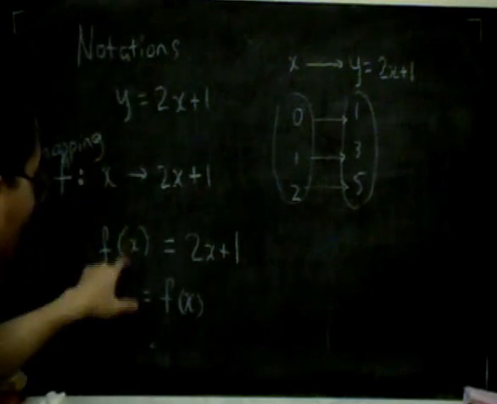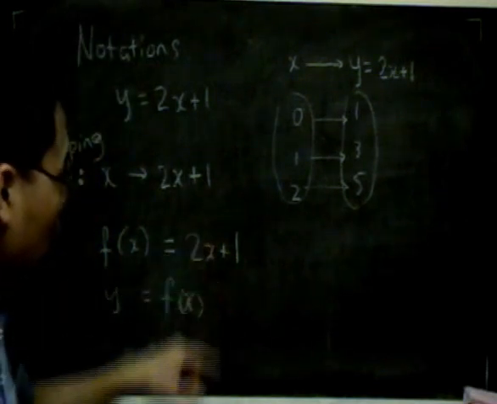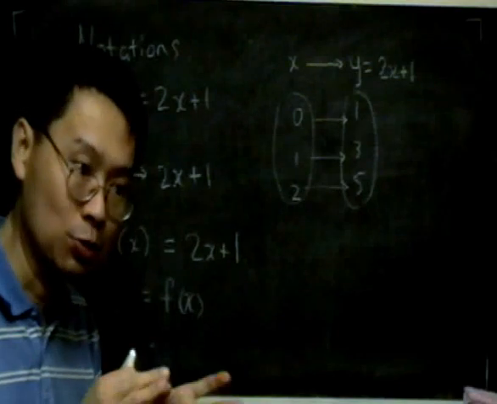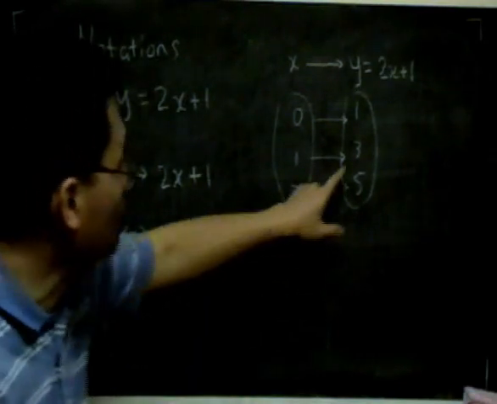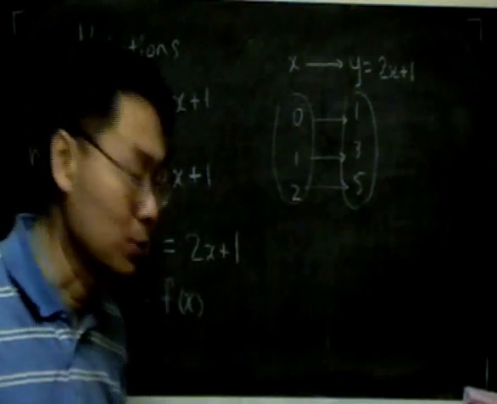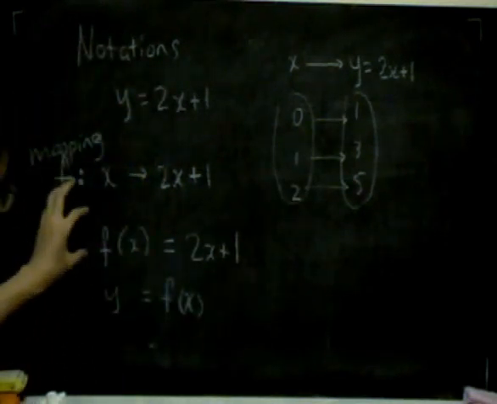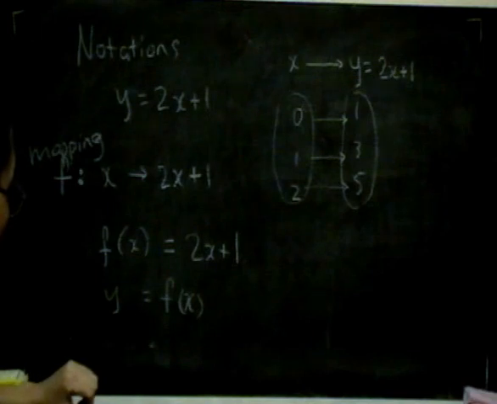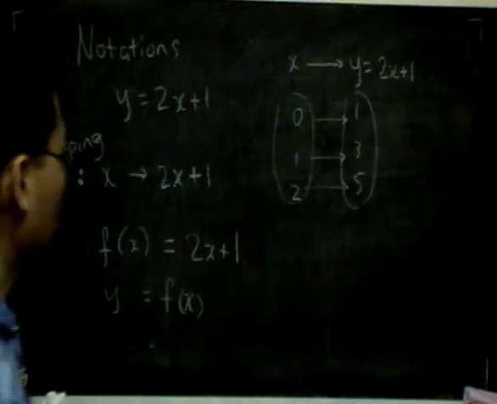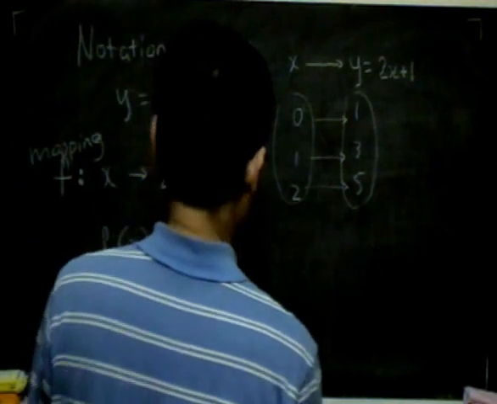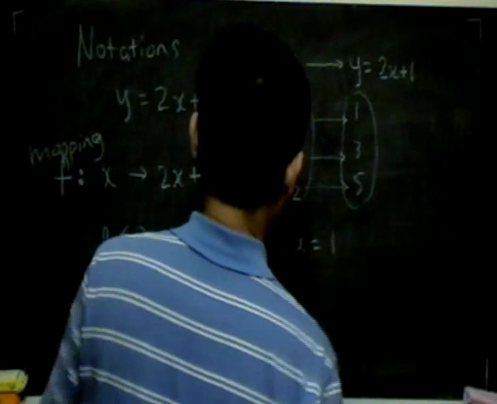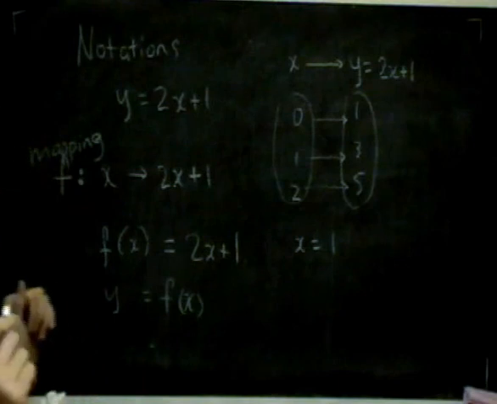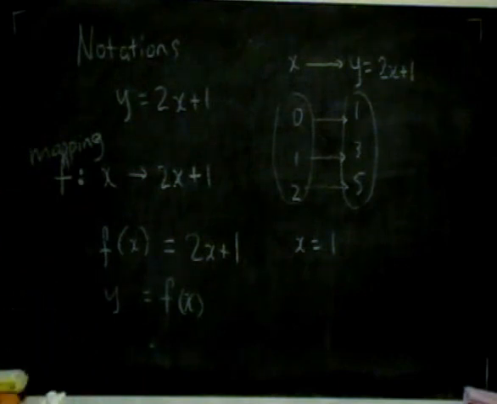Which means that if I have a value of x, I can use this to calculate only one value, and that's what a function must be. It must be mapped onto just one value and not more than one value. Okay, so this is actually a function in this case, and if let's say I want to calculate what the value of this function is when x is equal to 1.